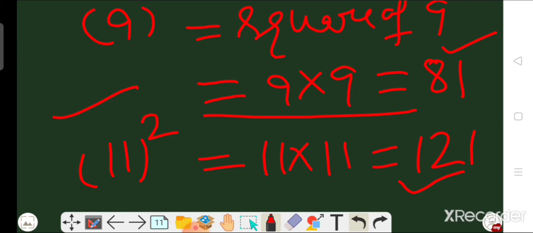Now let us learn something more about the square. These are the first 10 natural numbers, 1, 2, 3, 4, 5, 6, 7, 8, 9 and 10, or you can say our counting from 1 to 10.